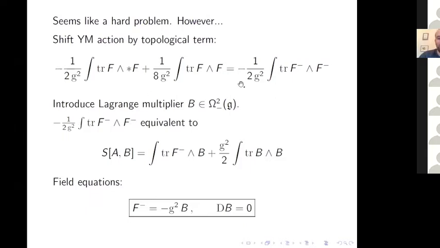Well, you can write trace F minus wedge F minus in an interesting way by introducing a Lagrange multiplier. Let's take some anti-self-dual two form B with values in the Lie algebra of the gauge group. Then it's easy to see that you can write this action as trace F minus wedge B plus g squared trace B wedge B.